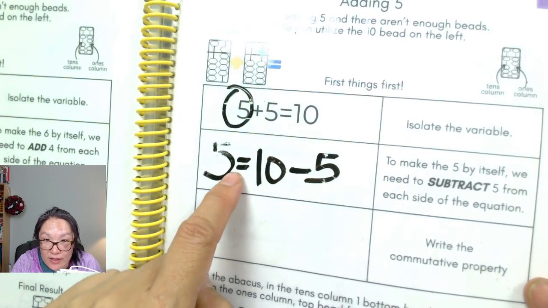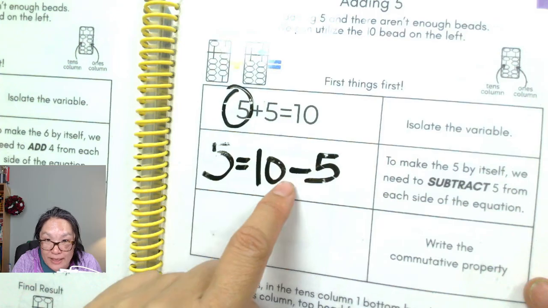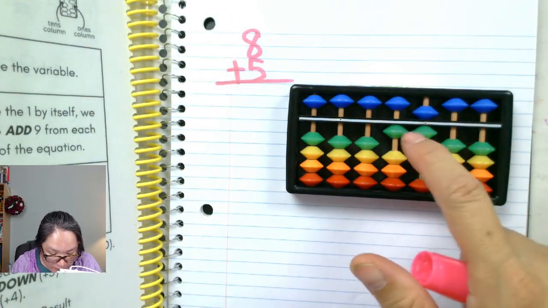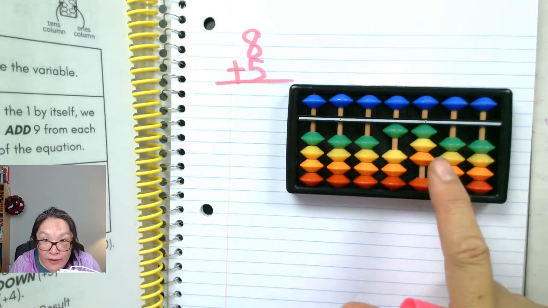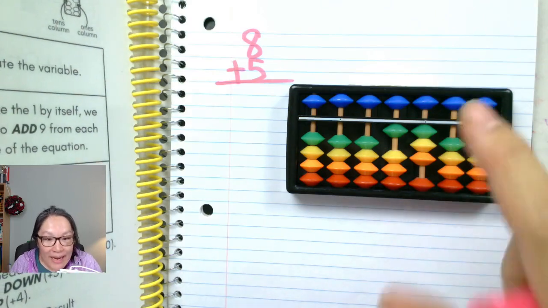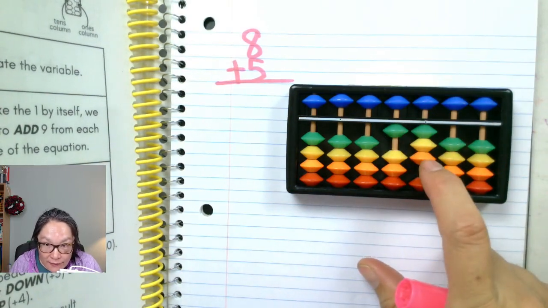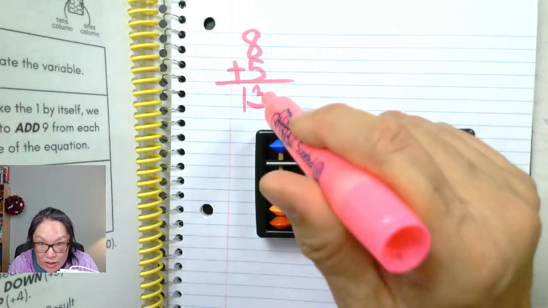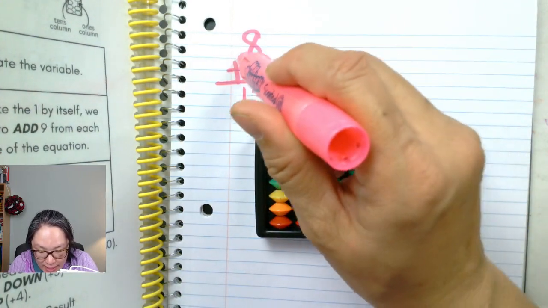Plus the 5 equals plus the 10 minus the 5. So just as Carter mentioned, plus the 10 minus the 5. Final answer is 13. We're not memorizing. We're not going straight to the result. We're going to understand how to do this.